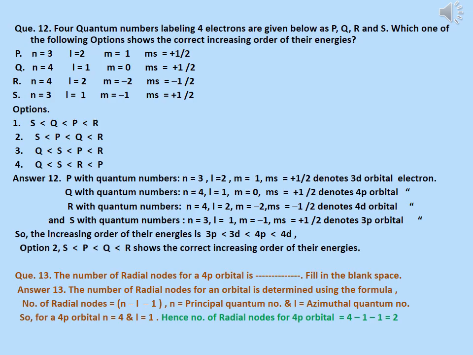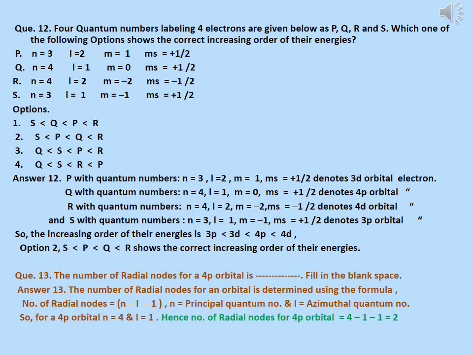So it's a 3d orbital electron. Q with quantum number n is 4, L is 1, M is 0, MS is plus half. That is the spin of the electron. So this L equal to 1 denotes p orbital. So it's a 4p orbital electron.